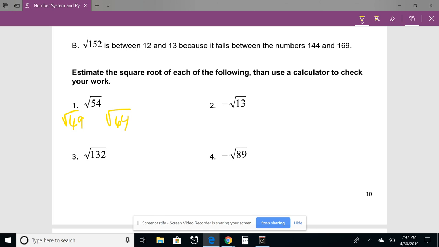Now, what is the square root of 49? Square root of 49 is 7. The square root of 64 is 8. So the square root of 54 is probably going to be some number that's in between 7 and 8. So like 7.2, 7.3, I don't know.